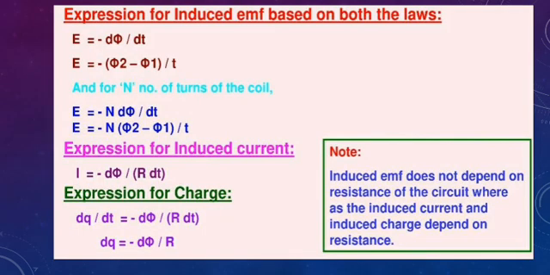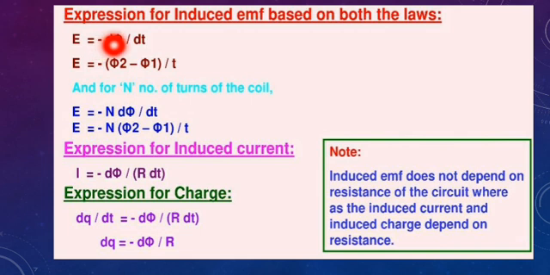Now, based on the second law, the induced EMF formula is EMF equals minus d phi by dt. This d phi by dt is nothing but the rate of change of magnetic flux.